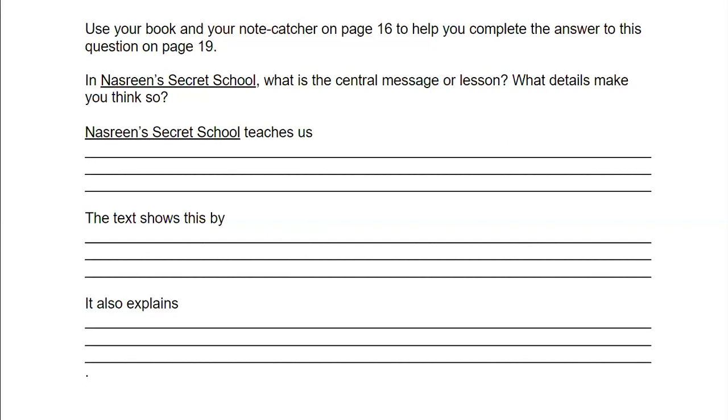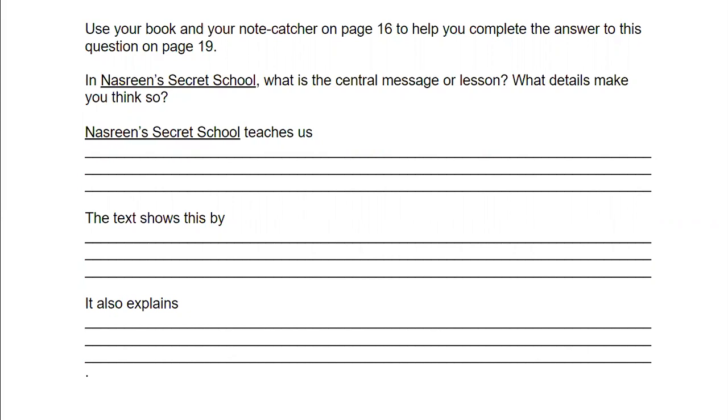In Nazreen's Secret School, what is the central message or lesson? And then what details make you think so? So we kind of talked it out, and we have the details on page 16. So that is what you're going to do. Here are your sentence starters. Now you can look at Mrs. Harrison's screen. She's sharing it with you.